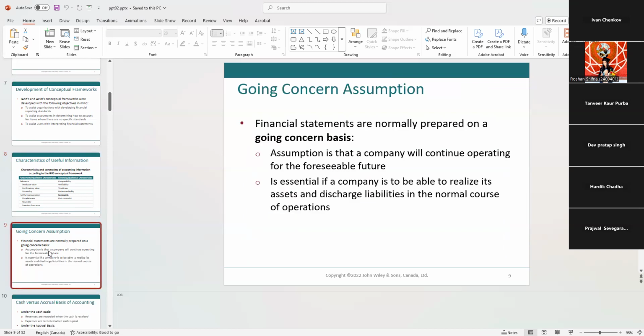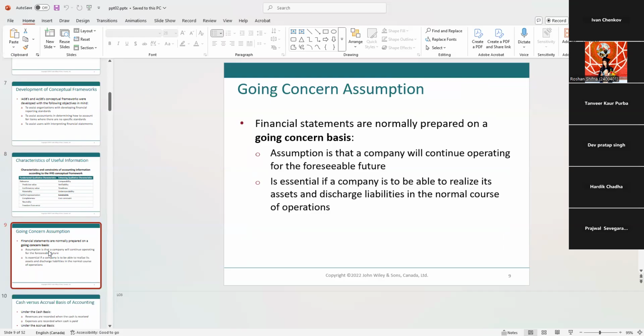Now, let's see this one, the going concern assumption. Going concern is that usually financial statements are prepared on a going concern basis. That means we do not expect the company to stop operations.